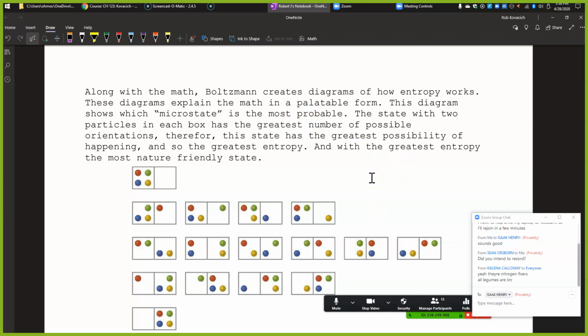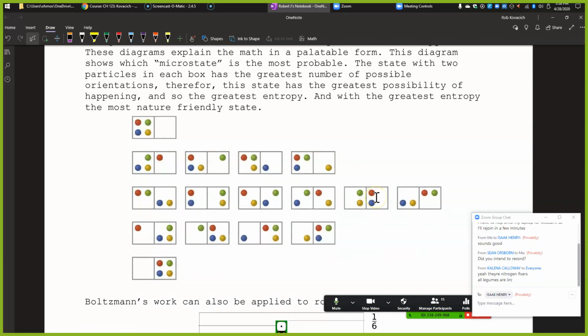So what he does is he creates some drawings, so all of the chaos stuff is a little bit easier to understand for people. And so he says, all right, what we have here are microstates, and which microstates are most possible. So he's got this box with 4 different colors in it, and there's an adjacent box with nothing in it.